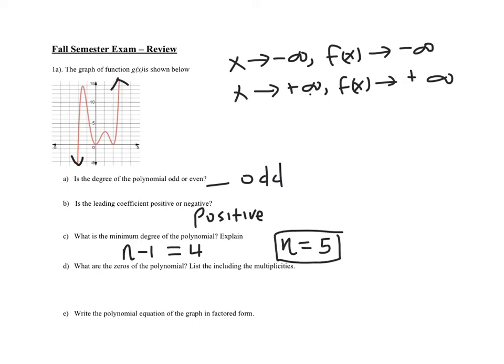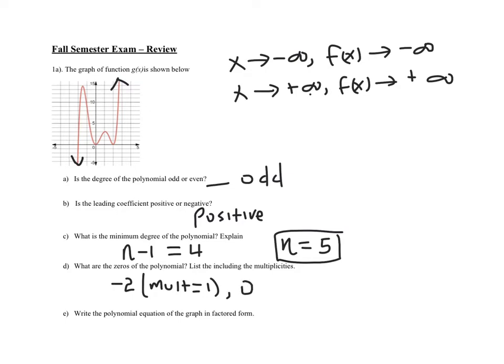What are the zeros and the multiplicities? So the zeros are, I have negative 2, and multiplicity is 1. Why? Because it crosses. The other zero is 0.